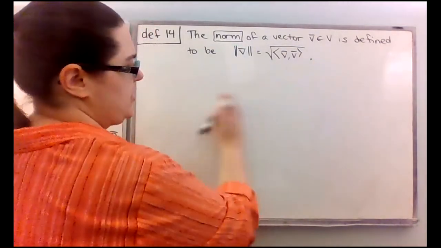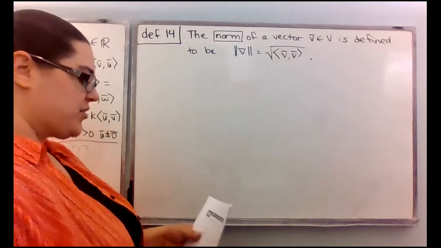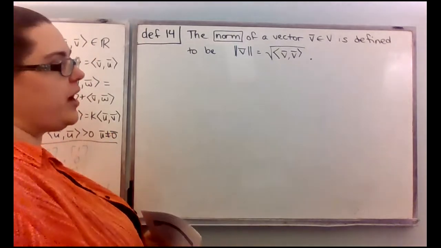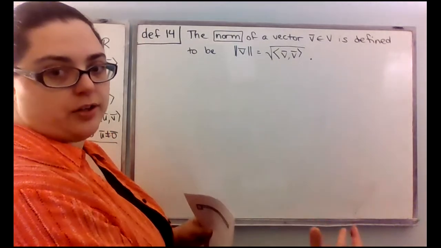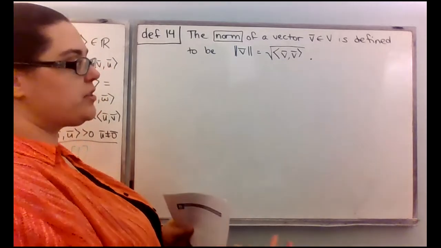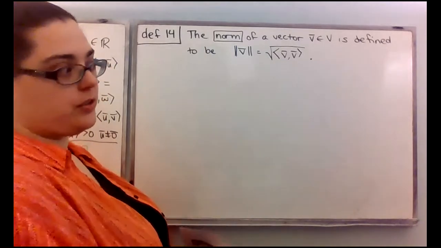Okay, but that's not where this definition ends. Oh no, my friends. So next, once we can define the length of a vector in a vector space, we can now define distance between vectors.